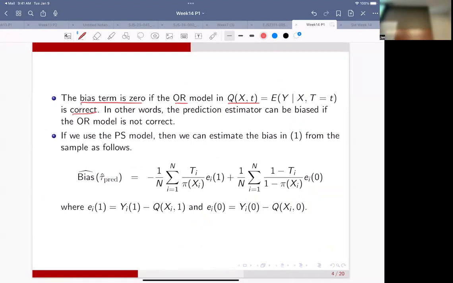Now the idea is, can we estimate the bias? It's hard, but we don't want to use the outcome model because we are assuming the outcome model could be incorrect, so we cannot really use that to estimate the bias. We should use something else, and in this case that would be the PS model. This is the OR model, this is the PS model.